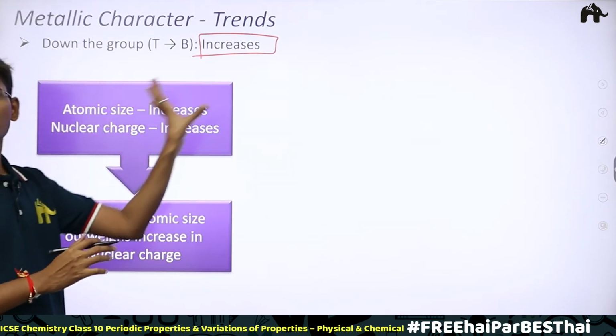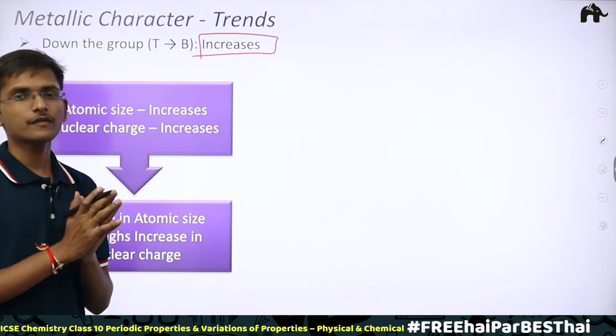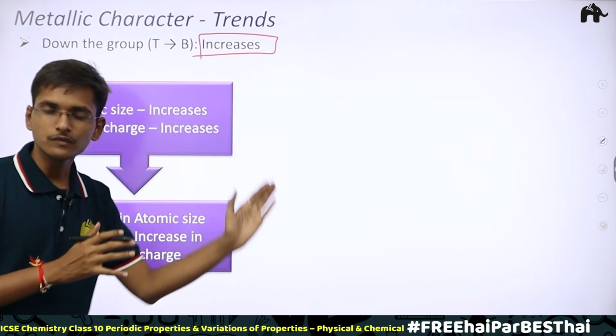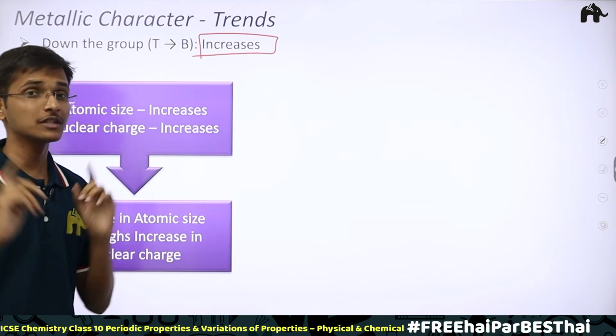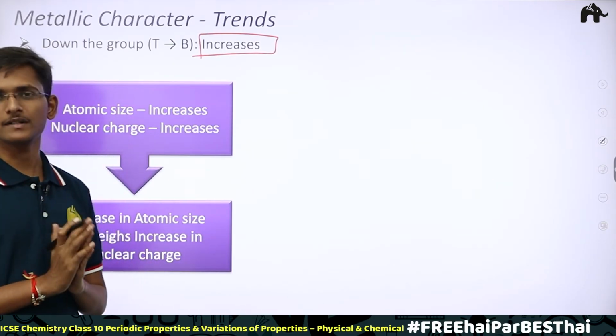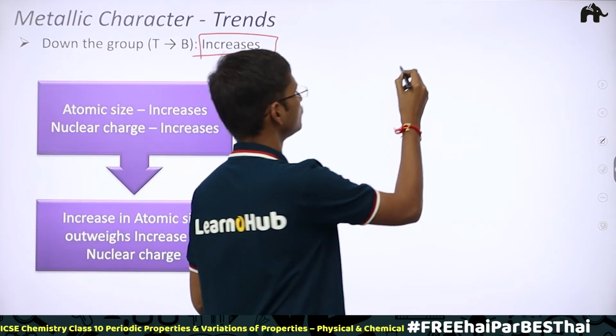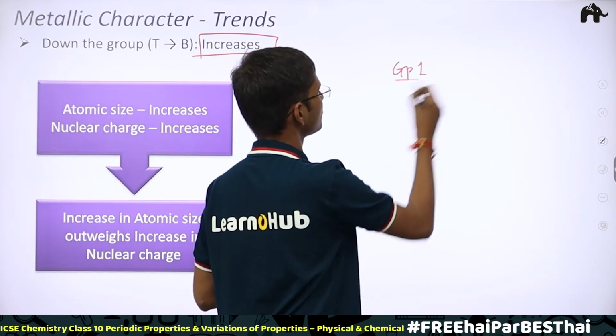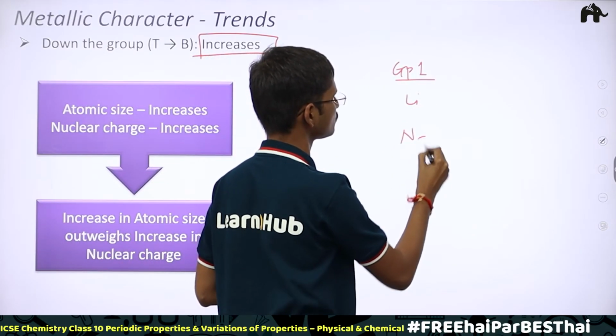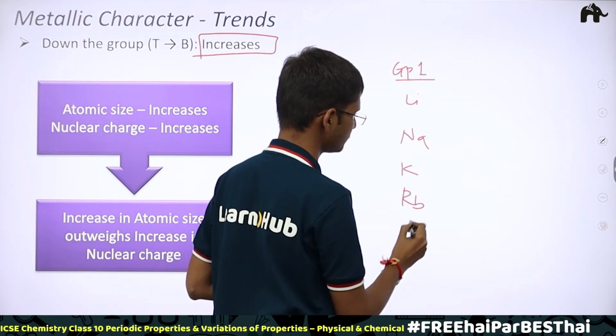Now let's see how the metallic character of an element increases when we move down the group. We are just going to rely on the factors on which metallic character depends, and think logically. I'm taking group 1 elements as an example: lithium, sodium, potassium, rubidium, cesium.